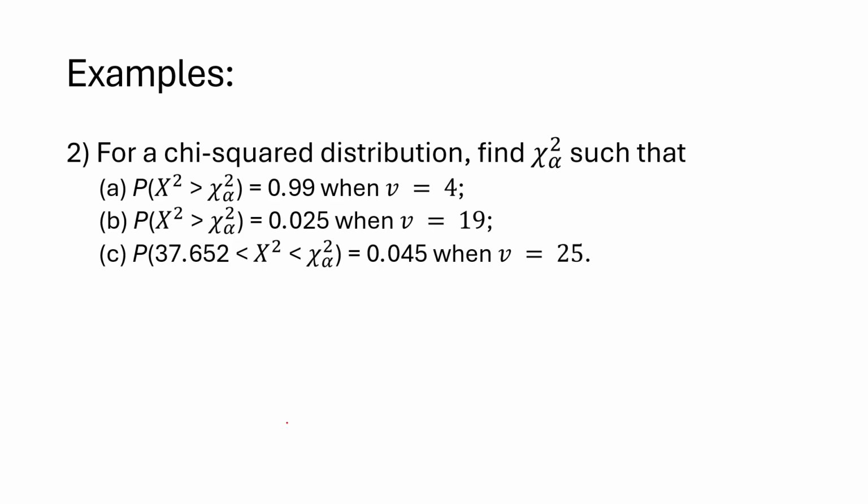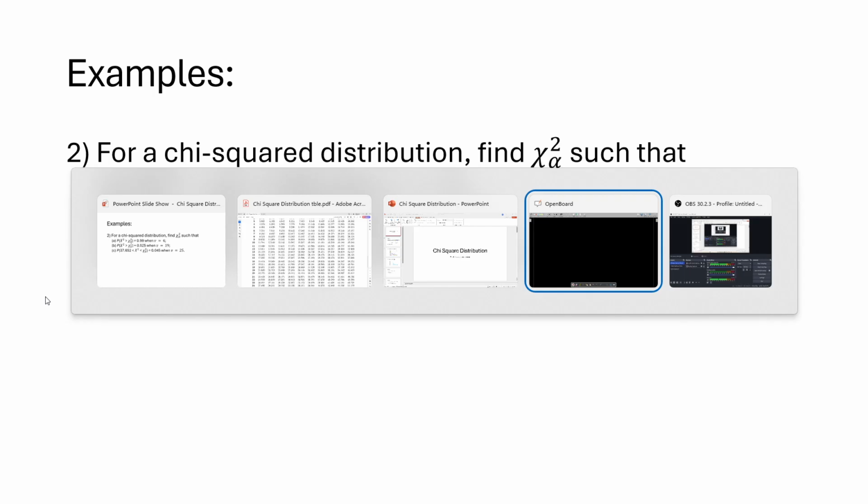They have told you that the area is 0.99, and they want to find the value of chi-square alpha. Let me solve on the black page. This will take a lot of time.